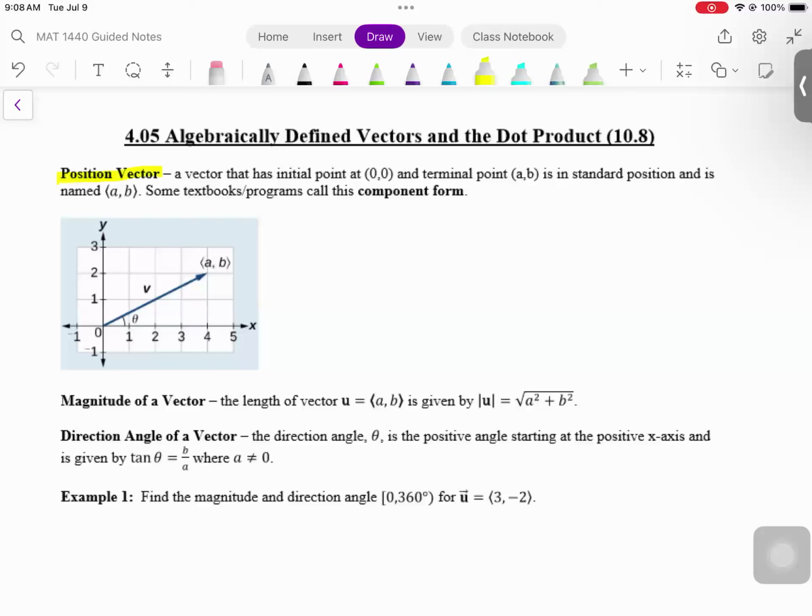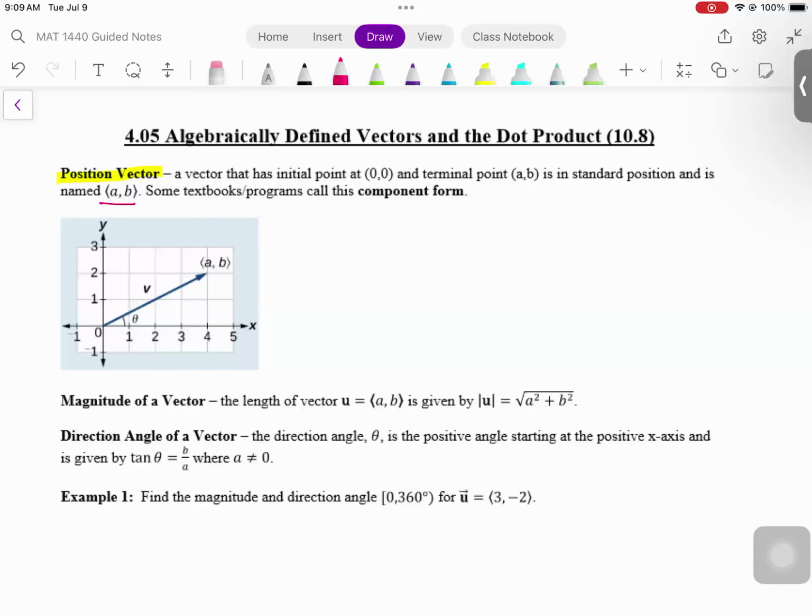So let's first define a position vector, and that's a vector that has an initial point at the origin and a terminal point at some ordered pair a, b. We use different notation for a position vector, illustrated here, where instead of using parentheses like an ordered pair, we're going to use those triangular brackets.